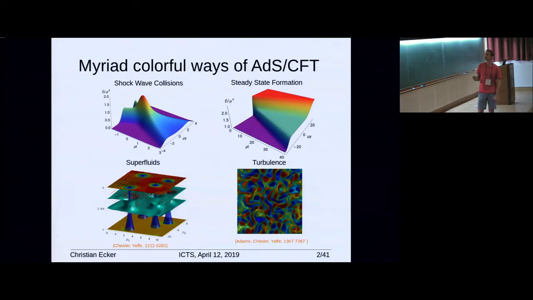Other applications include more condensed matter-oriented questions like the formation of steady states in quantum critical systems. This picture shows you the time evolution of the energy density in a system which consists of two heat baths in thermal contact at an interface, and on this side the temperature is lower than on that side.